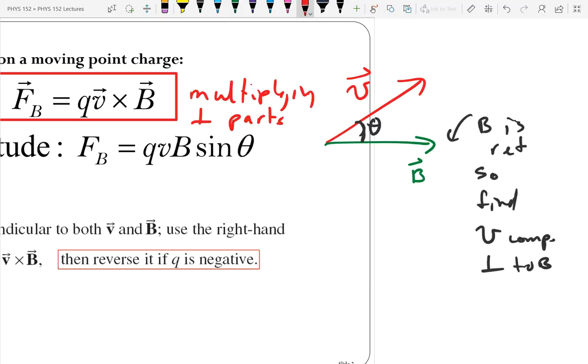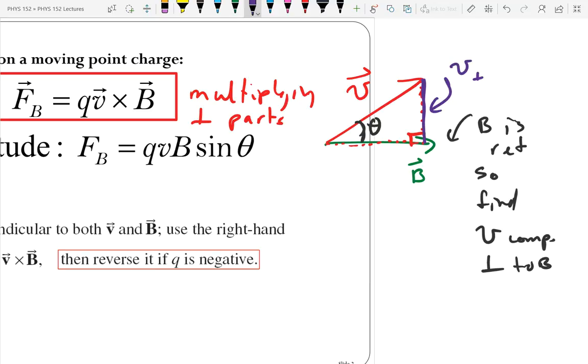So that means I'm going to take my V vector and break it into two pieces. There's my right angle. It's pretty clear the perpendicular part is that part.